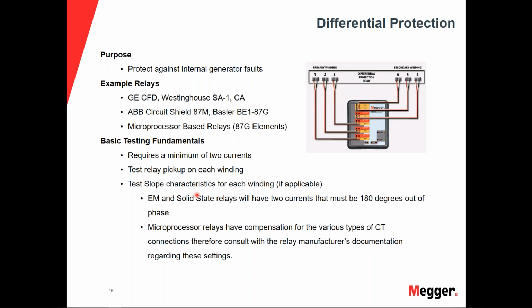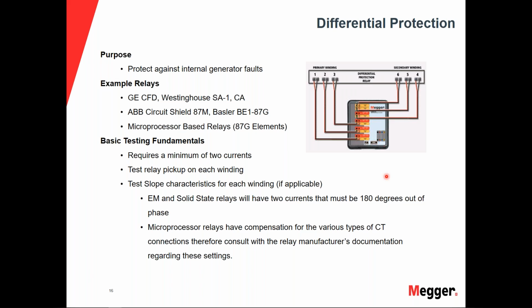The slope test. Now, we didn't talk too much about the slope test for this, but with the slope test, we want to make sure that, if it's enabled for the generator, the CTs on both sides of the generator are going to be pretty close to the same make and model, but they still have some inherent flaws, some errors in the CTs, from the way that they're manufactured.